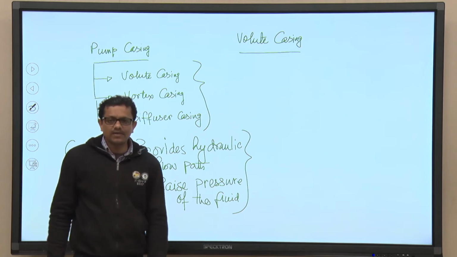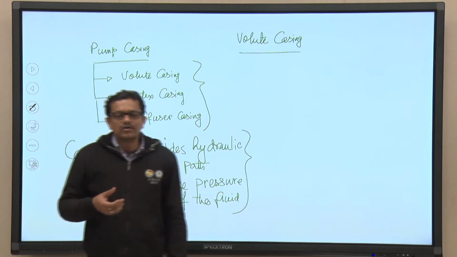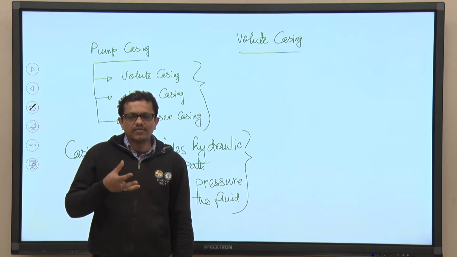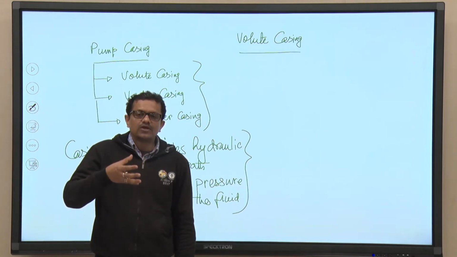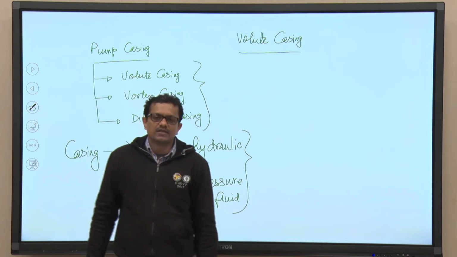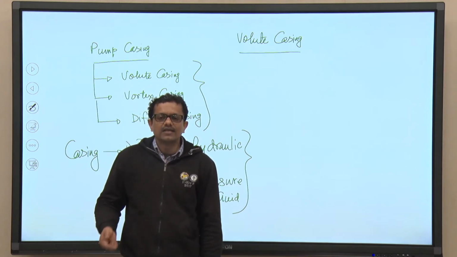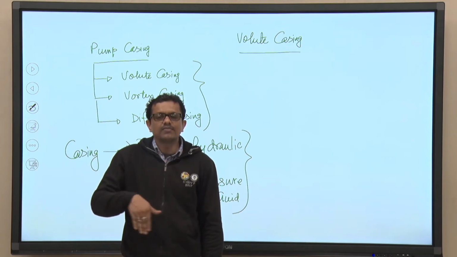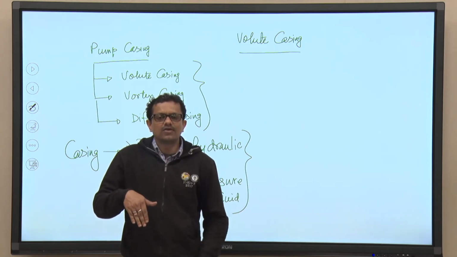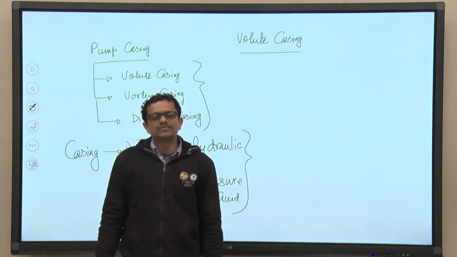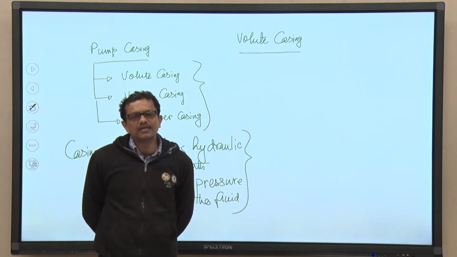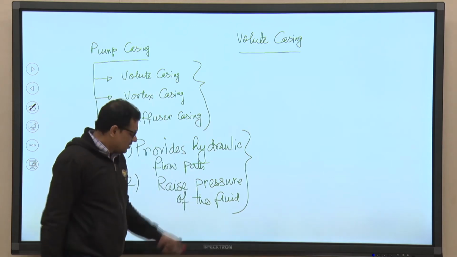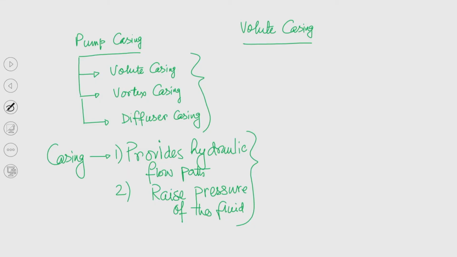So, it provides hydraulic flow path, definitely it allows water which is coming out or any fluid which is coming out from the impeller outlet to move to the delivery pipe following certain path, and then while it is transported through the pump casing, it is also important to note that there will be increase in pressure by arresting the kinetic energy of the fluid leaving the pump impeller. Okay.